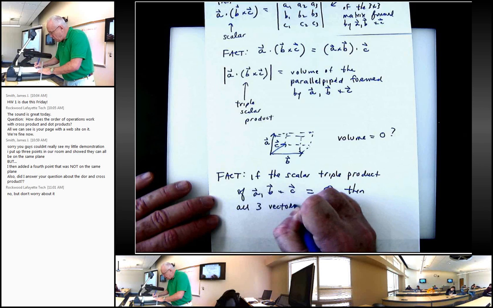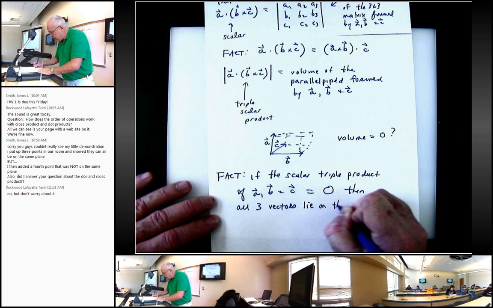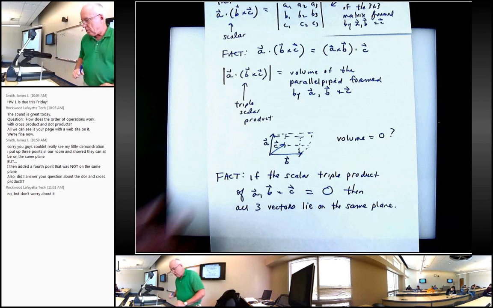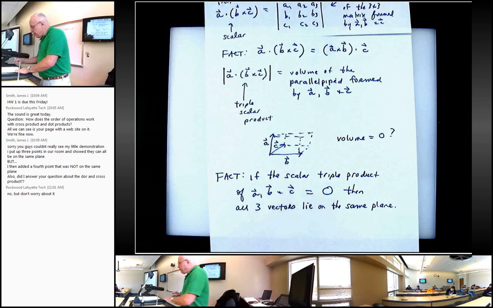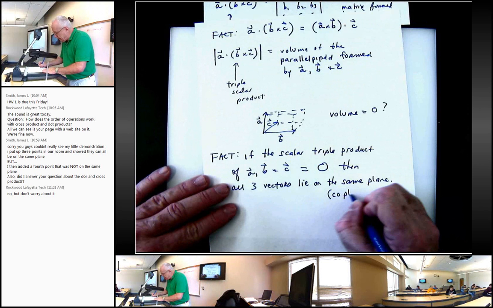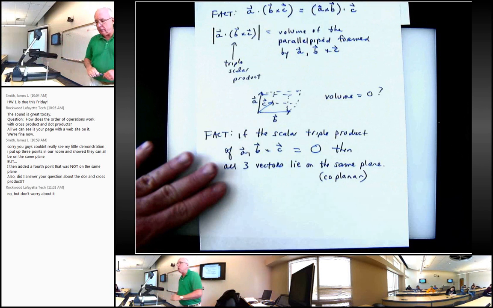All right. There's a name for that. It's called coplanar, C-O-P-L-A-N-A-R. Coplanar.